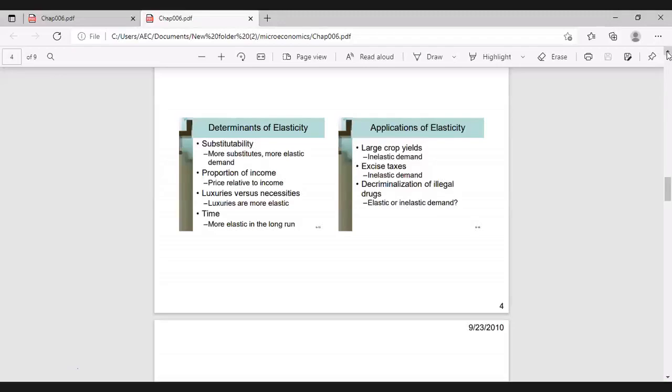But luxury goods are not a necessity. If the price increases, we decrease the quantity demanded. In the opposite case, if the price goes down, we will buy more luxury goods.